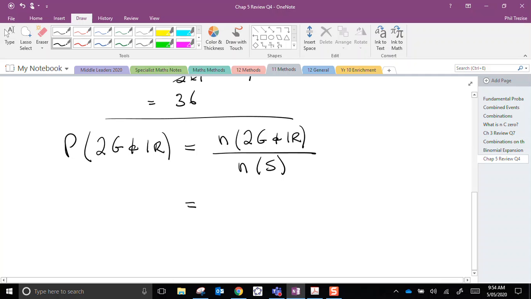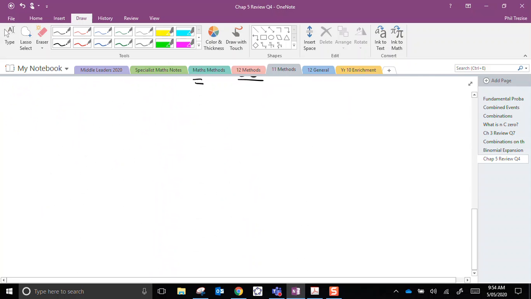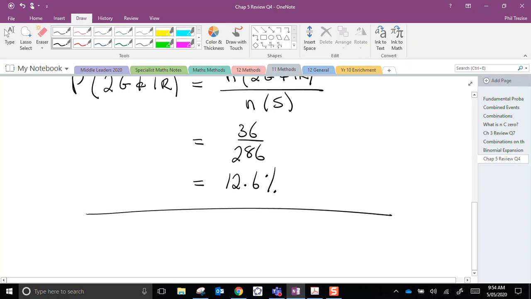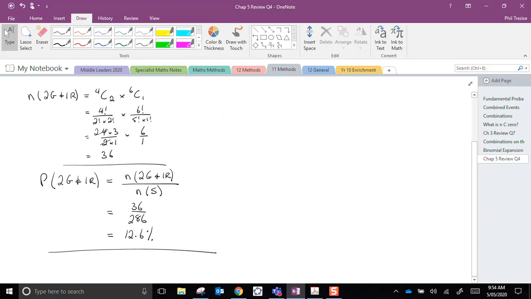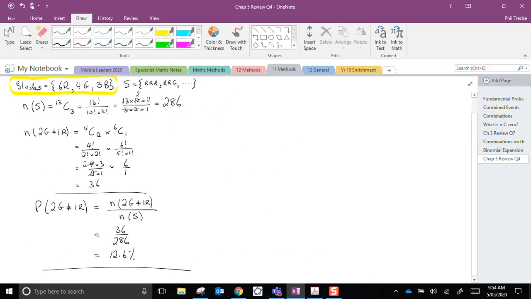Favourable over possibles. 36 we worked out, and the sample space contains 286. Now when I plugged that into my calculator, I got 12.6%. There we go. So a lovely little question involving probabilities using combinations to calculate the answer.